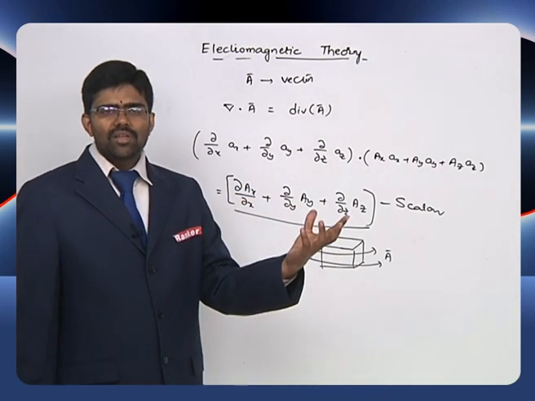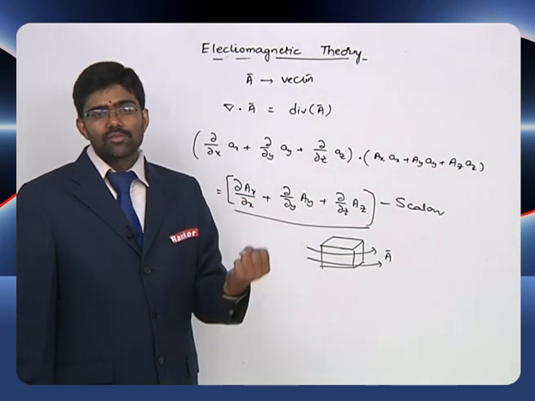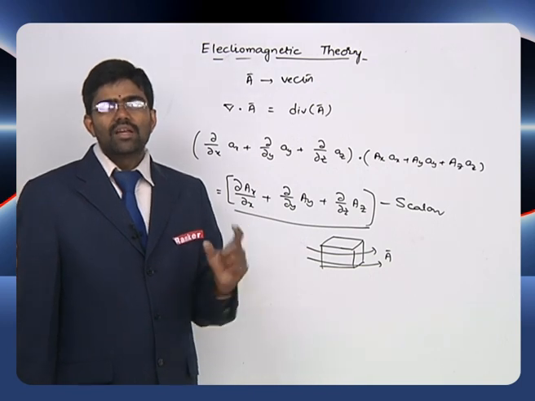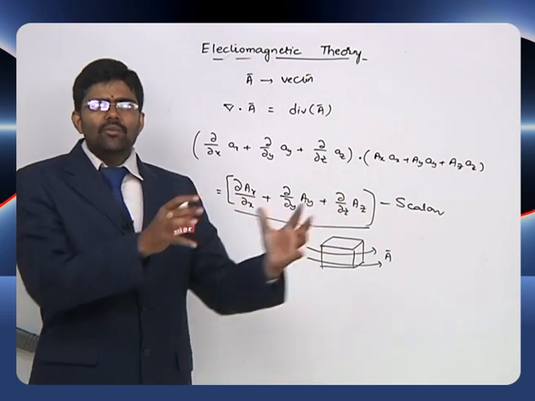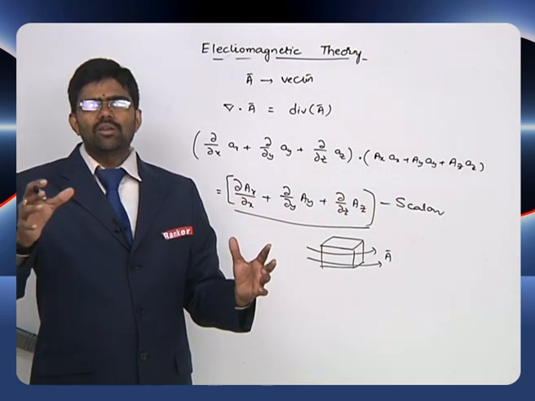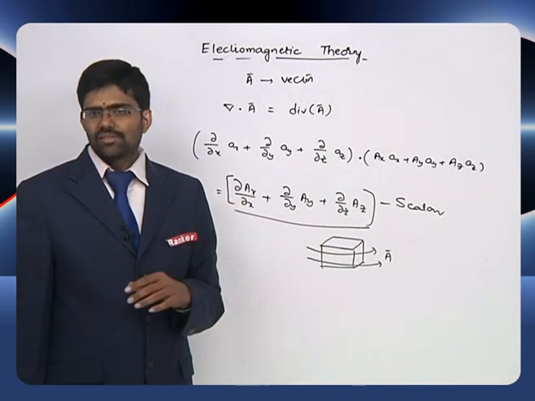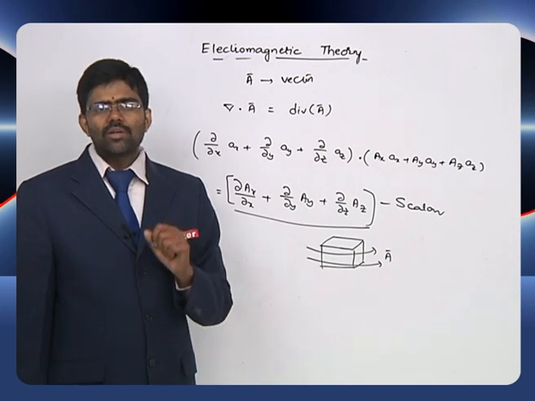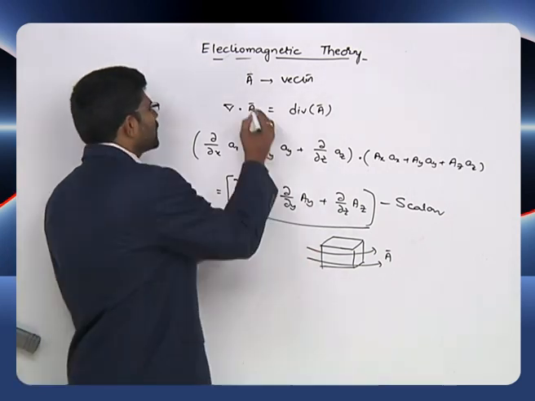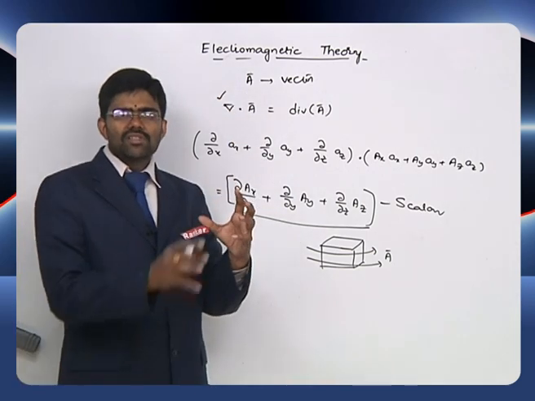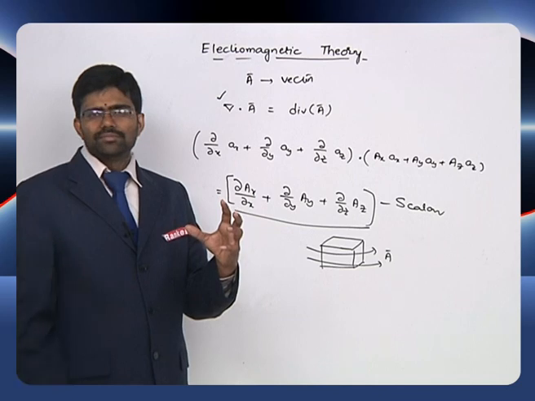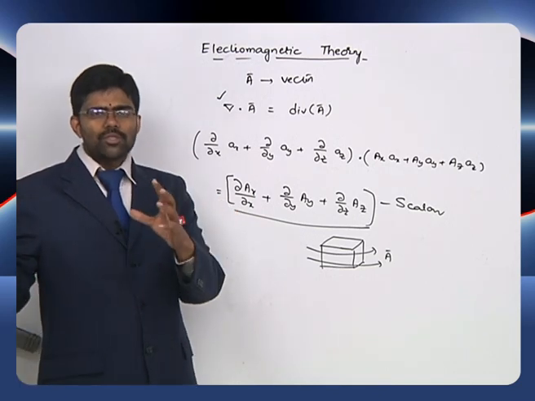If it is entering the volume, then it is called negative divergence. If some quantity is entering the volume and the same amount is leaving, then it is called zero divergence. What we need to remember is that divergence is useful for observing a field which is leaving our volume, right? Whenever it is leaving, positive divergence.